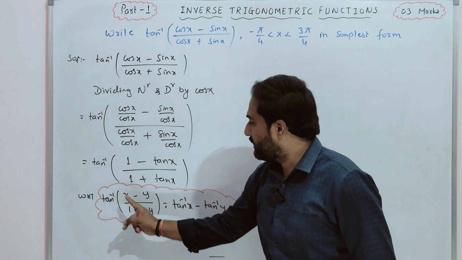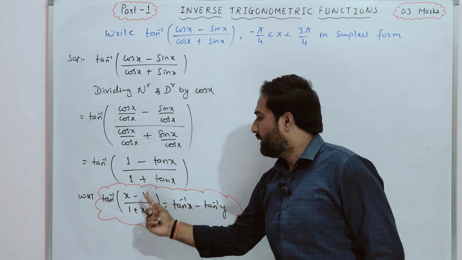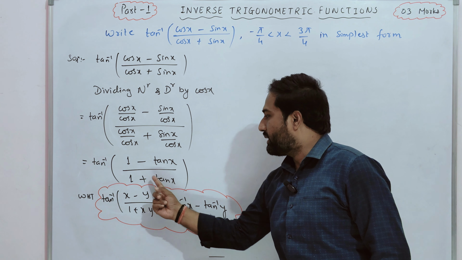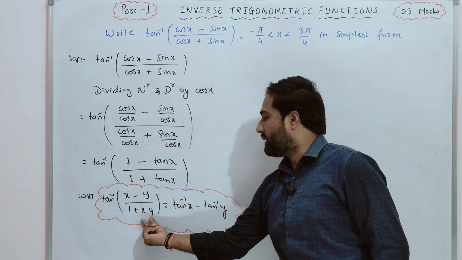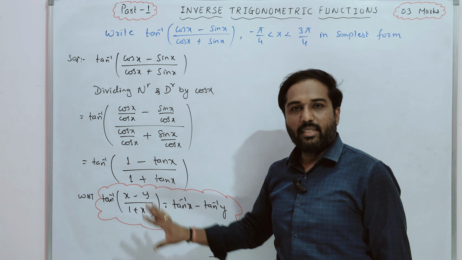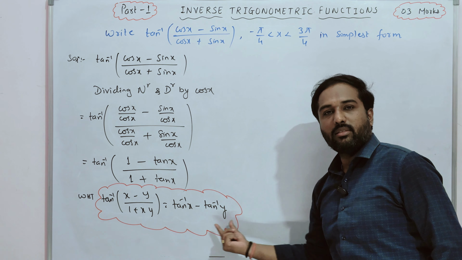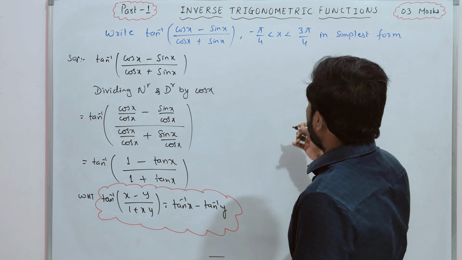Tan inverse as it is, x as 1, minus y as tan x. Again 1 as it is, plus as it is, x into y, in the sense x is 1, y is tan x, 1 into tan x is again tan x. Exactly the same way. So you can write this whole term as the RHS, tan inverse of x minus tan inverse of y.